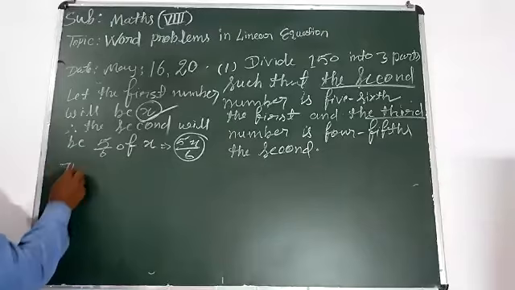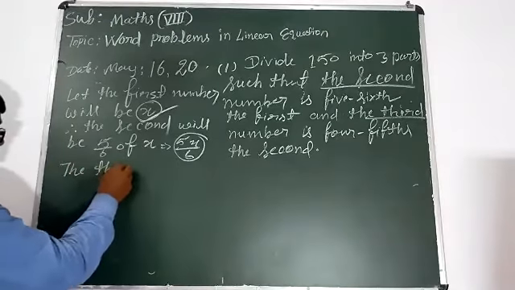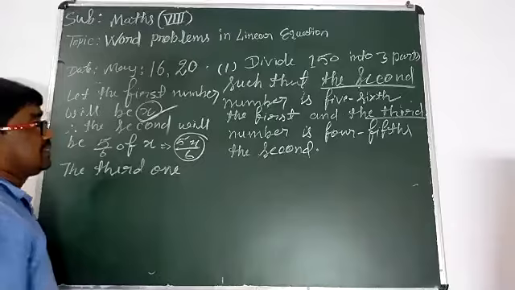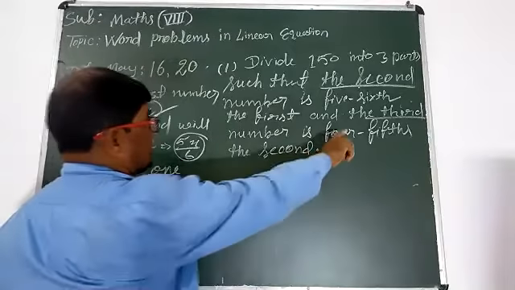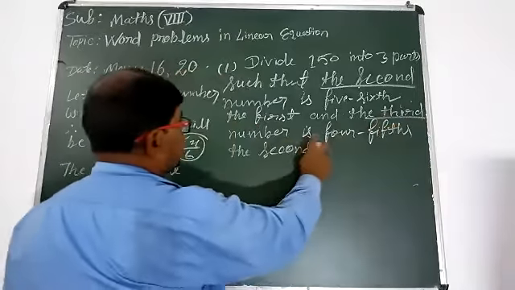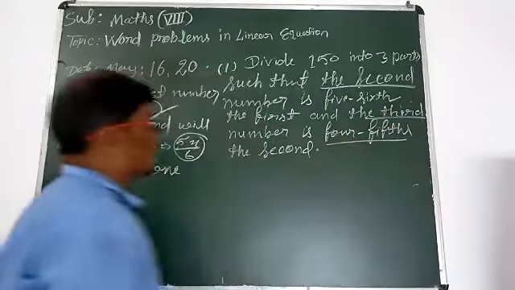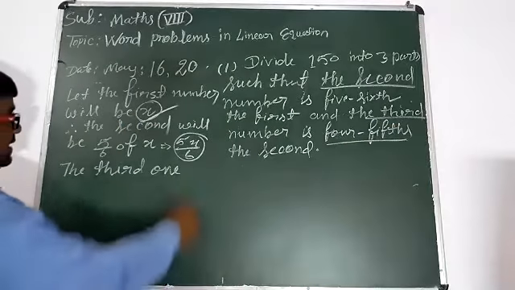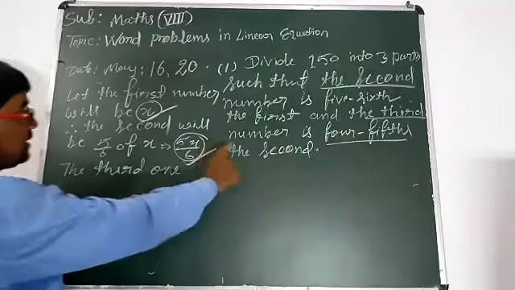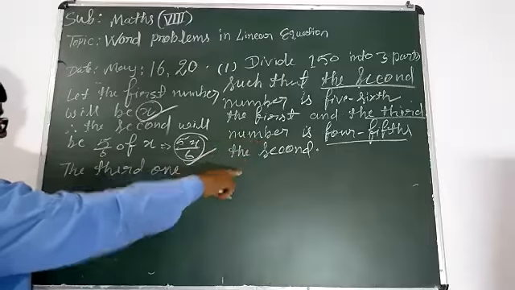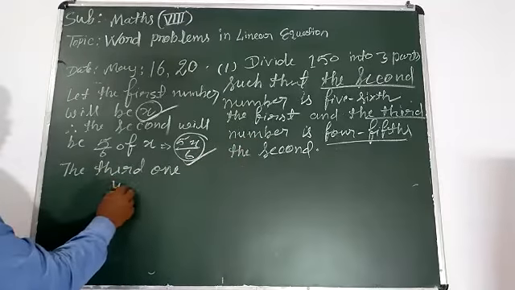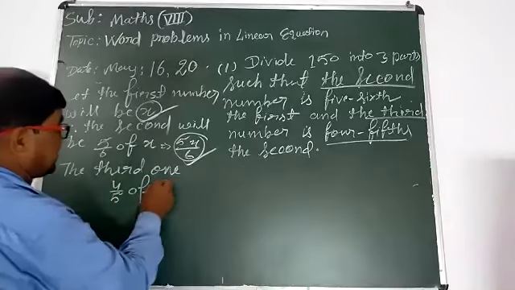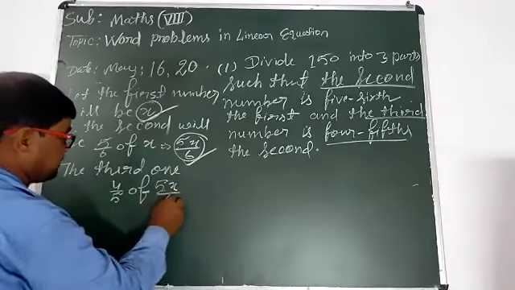Now the third one. The third number is 4/5 of the second. Okay, and this is your second number. The third number is 4/5 of the second, so you should write 4 upon 5 of the second. The second is 5x upon 6.